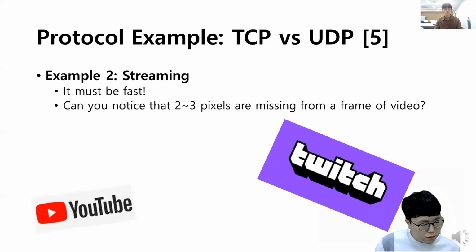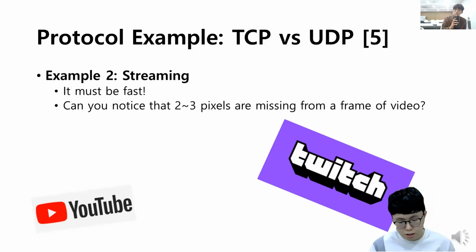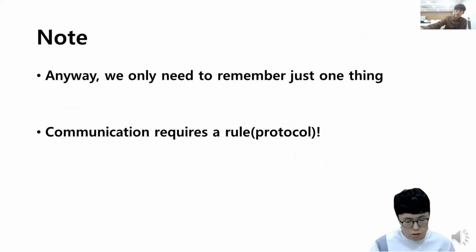The amount of data is really big for the video, but it is fine to have some damage to the quality of the video. So in streaming, this is why we use UDP, because UDP has data loss, but it transmits rapidly.